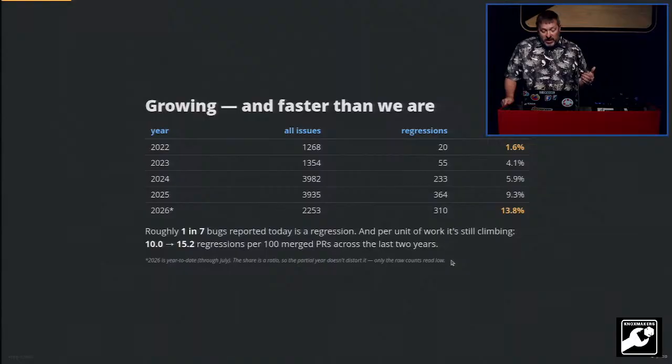But roughly, the regressions as a percentage of the total issues is increasing. And you can see the numbers there. 2026 is incomplete because that just goes through where we're at right now. But you can see that the percentages, from 2022 to 2025, went from about 1.6% of reported issues up to close to 10%, and we're on a run rate to be over 13%.